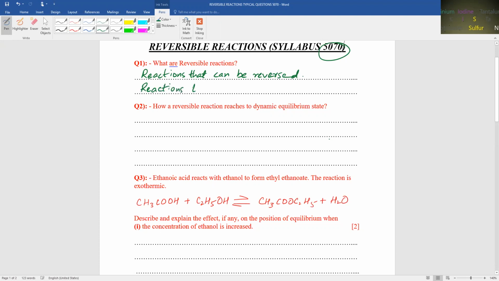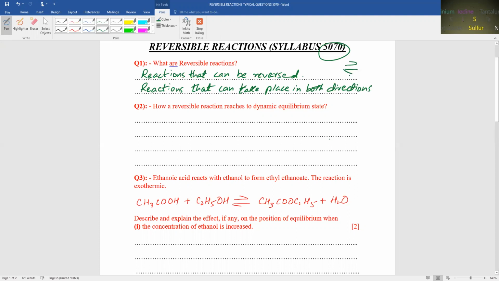Reactions that can take place in both directions. Such reactions are represented by the symbol.